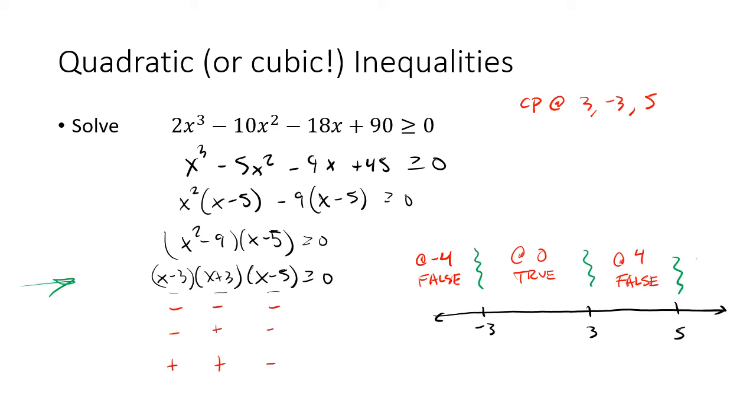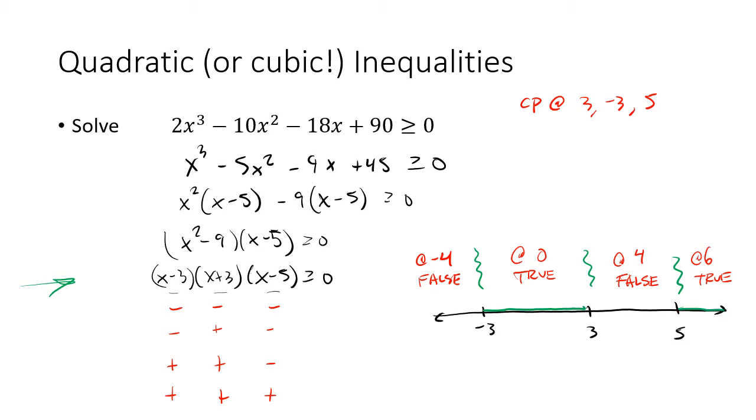And then if we plug in like 6, okay? If we plugged in 6, we'd have 9, so that's positive. So we'd have 3, that's positive. Then we'd have 9, that's positive. We'd have 1, that's positive. All positive numbers multiplied together are positive. Positive numbers are greater than 0, so that's true. We shade where it's true.